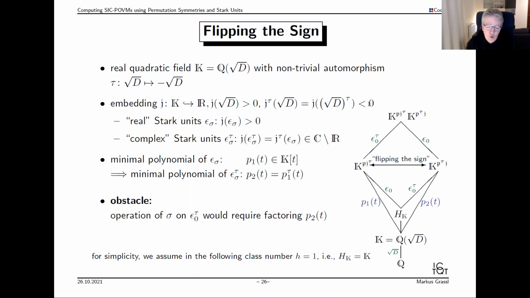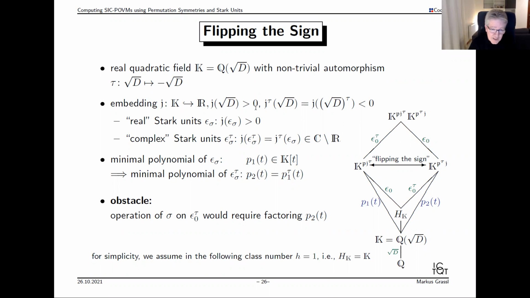And then when we go to extension fields, we have more embeddings. Essentially, we have as many embeddings as the degree of the field over the rationals. But also by sloppy notation here, I'm using the same one. And we find that using any embedding above the one which takes the square root of d to a positive number, the Stark units we have calculated are real numbers.